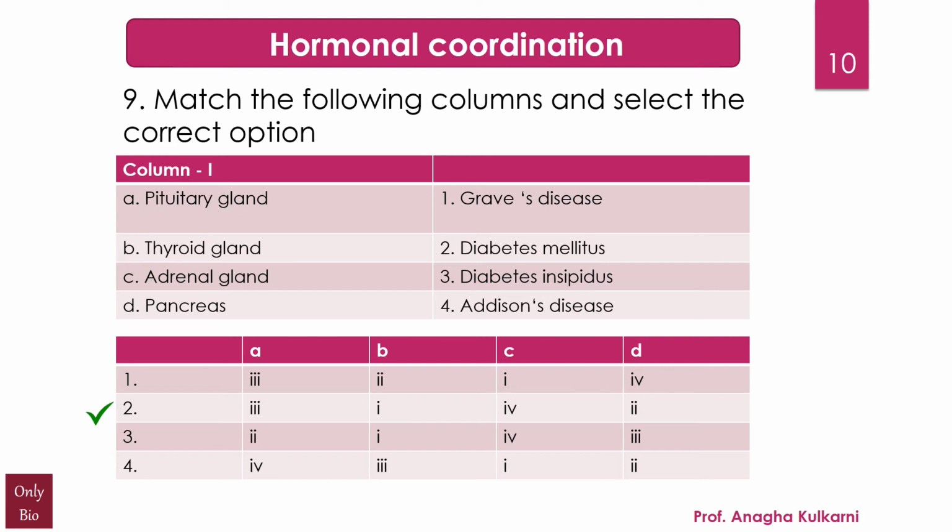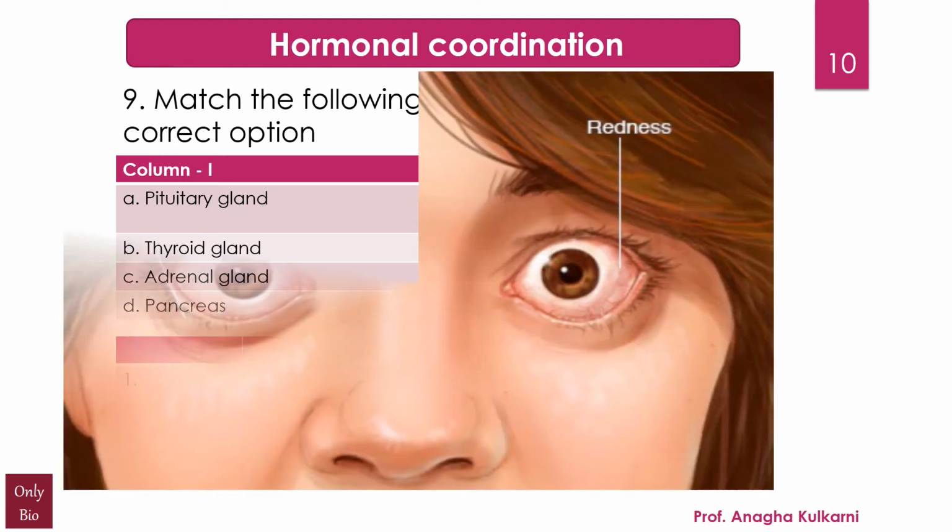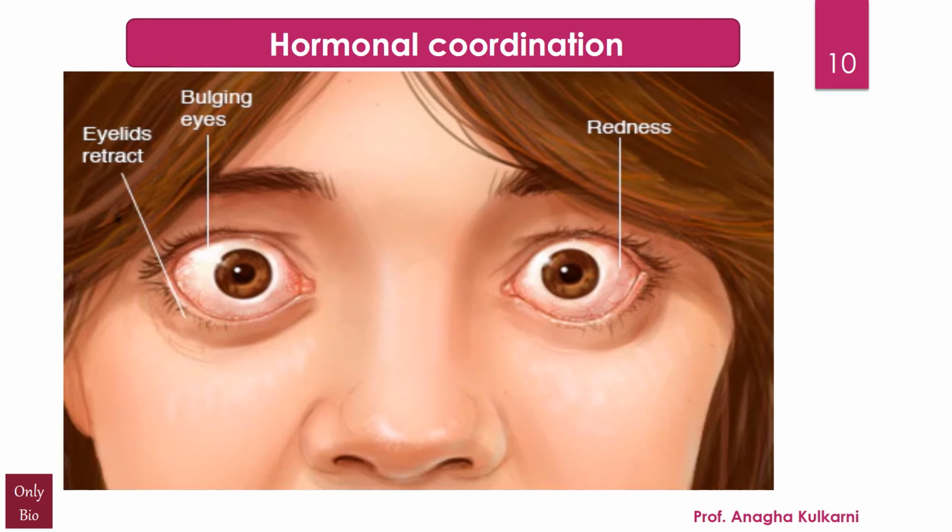Okay. Now let us understand this in detail. The very first thing that we can see is the picture showing a Graves' disease patient. Graves' disease, which is also known as toxic goiter, is an autoimmune disease that affects the thyroid. It results in an enlarged thyroid gland.